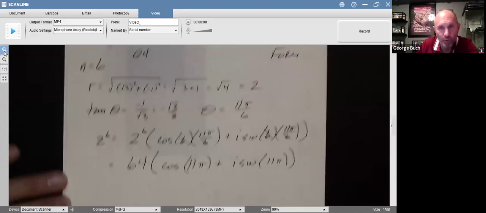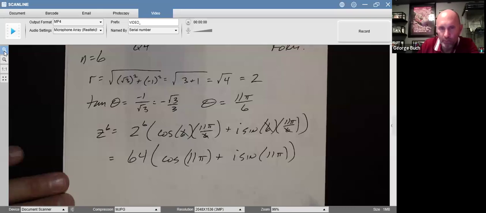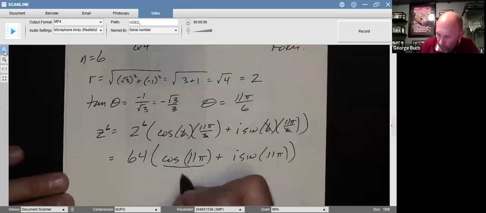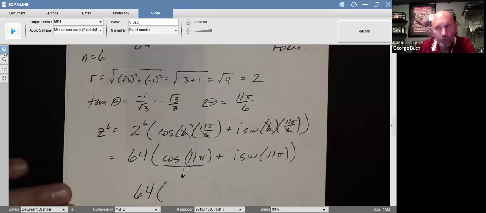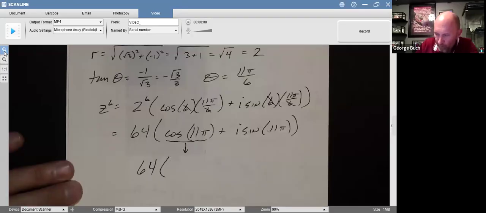But that's polar form. We don't want it in polar form, so I need to convert it. So what is cosine of 11 pi? Well, 11 pi is where? It's on the left side of the unit circle. So cosine at that point is what? It's -1.